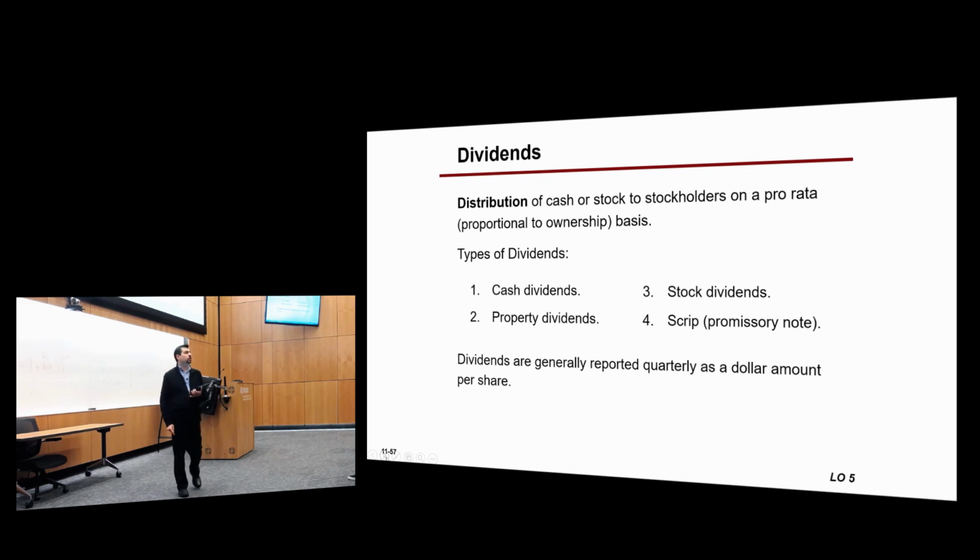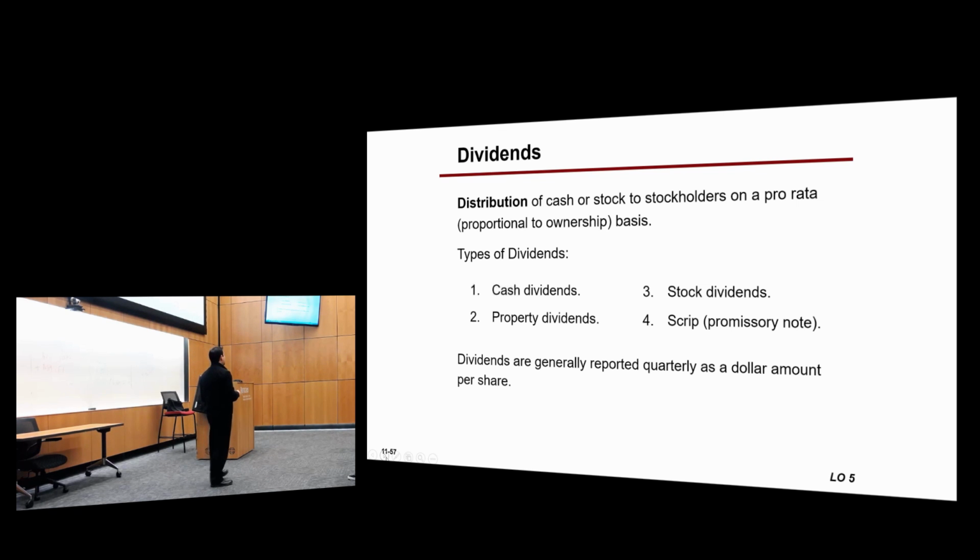We get to the distribution of dividends. Okay? Dividends are whatever part of net income that the company decides to share with their shareholders. They give back to their shareholders, right? The most common form of dividends is, of course, cash dividend. Another frequent type is the stock dividend.